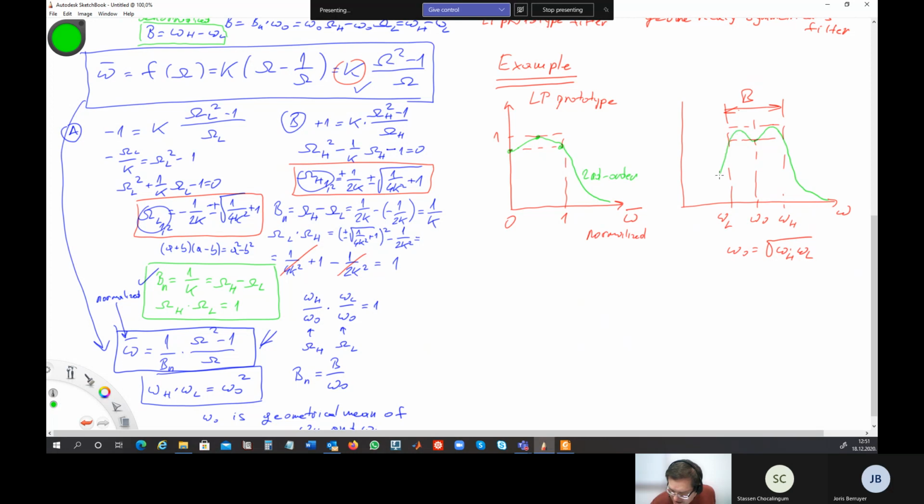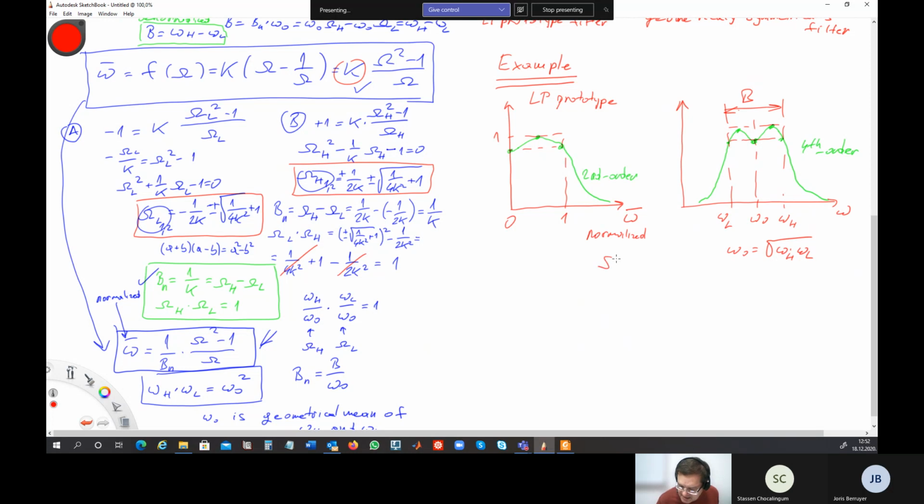It has the same shape as this one here, and now it's fourth order. It has all these points the same. How did we obtain it?